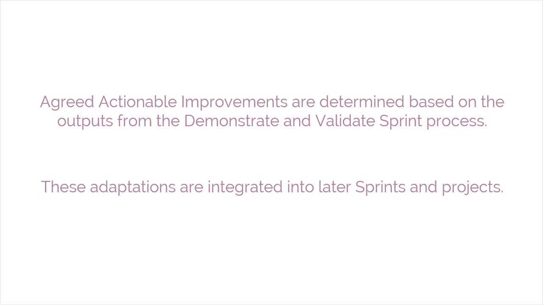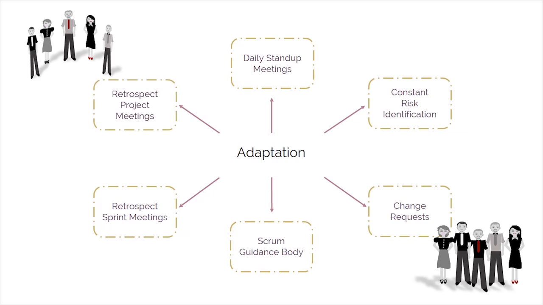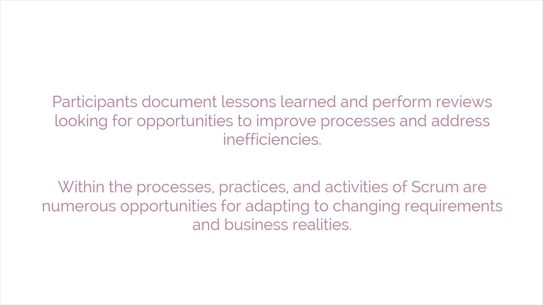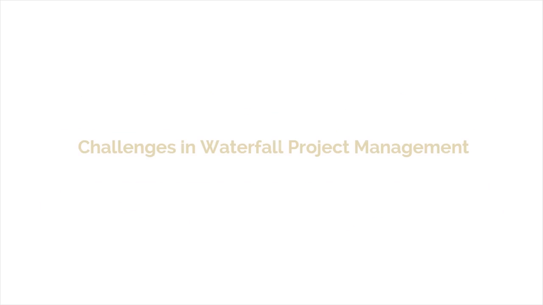These adaptations are integrated into later sprints and projects. And in the Retrospect Project meeting, participants document lessons learned and perform reviews looking for opportunities to improve processes and address inefficiencies. Embedded within these processes, practices, and activities of Scrum are numerous opportunities for adapting to changing requirements and business realities. Here's an example of such a challenge faced in Waterfall project management style.